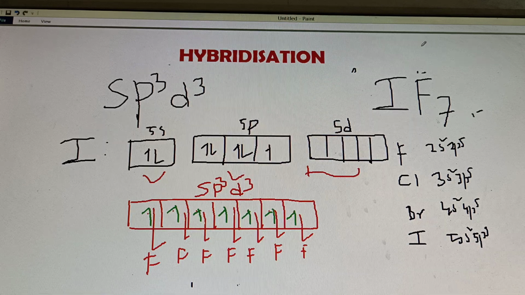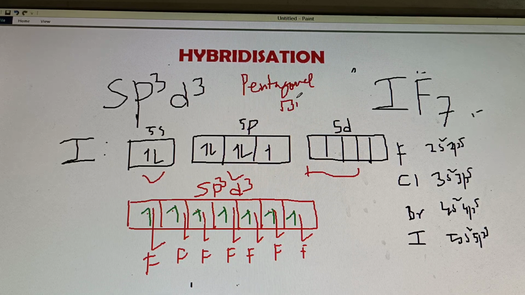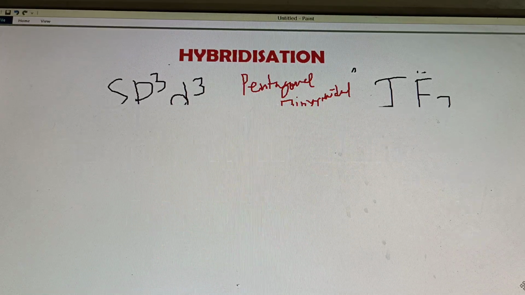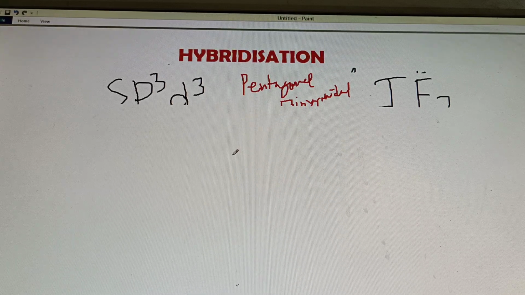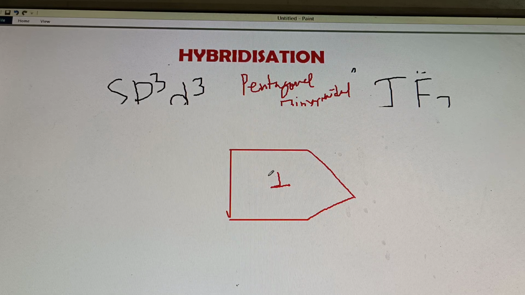So how are the sp3d3 hybrid orbitals directed in space? That is pentagonal bipyramidal structure. How does it look? You should draw a pentagon first. In the center of the pentagon is the central atom.